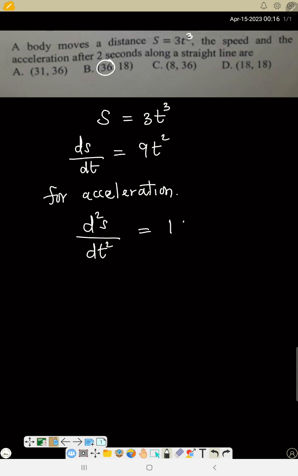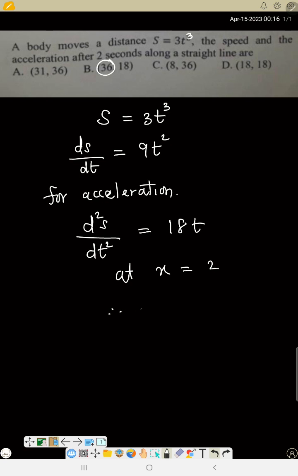So this will be 18, that is 9 times 2, 18. Then subtract 1 again from the power. So that will be 18t.